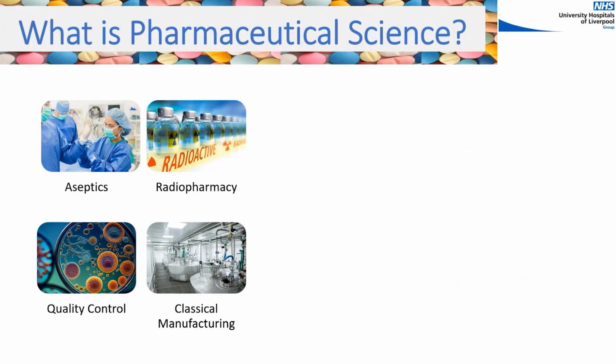So what is pharmaceutical science? It's a bit of a niche topic area, and it's not one of the most common STP specialisms, but we are definitely a growing area. So how it works is we are split into 4 different quadrants. So we have aseptics as a rotation, radiopharmacy as a rotation, quality control, and then classical manufacturing.